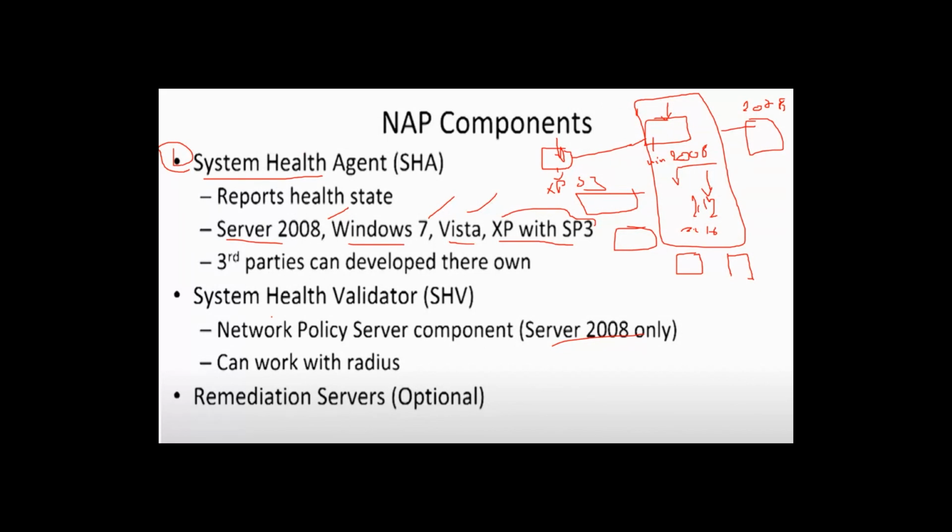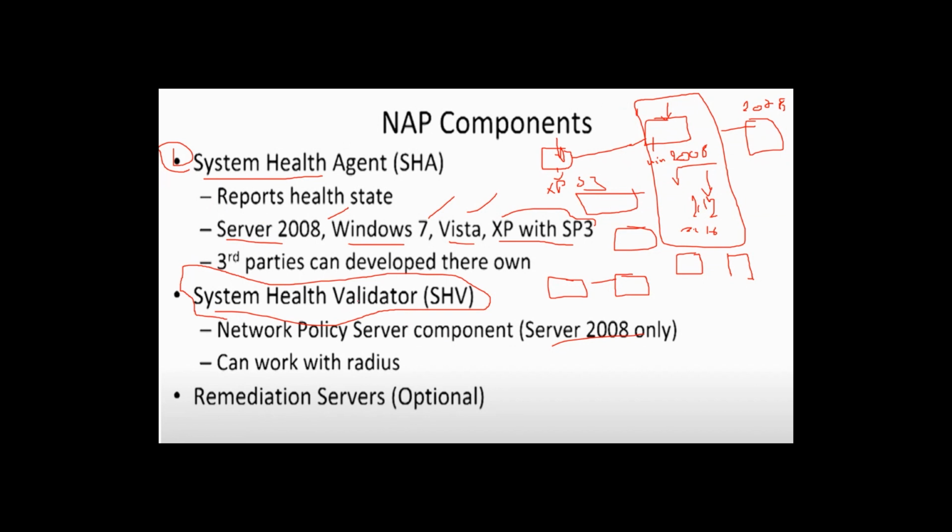So the second component is the system health validator. And that system health validator means the validation policy that should be installed on the enforcement point, and it should also be defined in the NAP server.